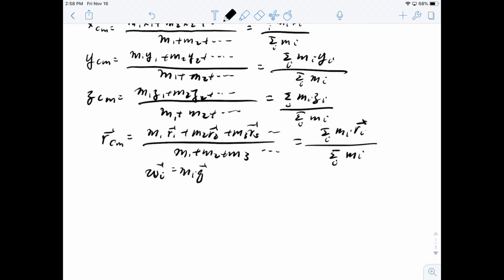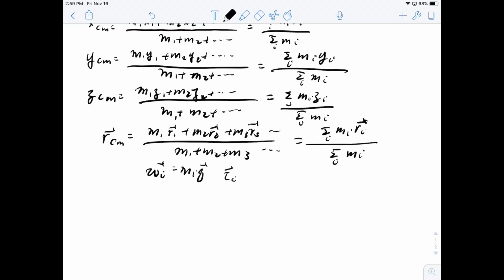The torque applied by these little masses, torque i, is going to be ri cross product with weight i. Let me rewrite this. It's basically ri cross product with weight i, that will be ri cross product with mi g.